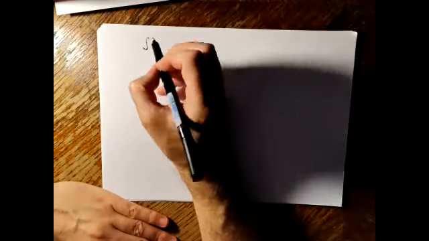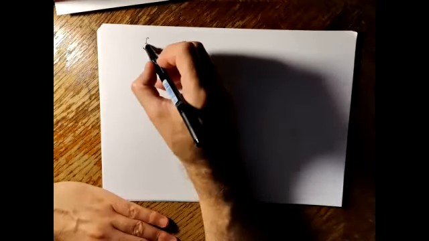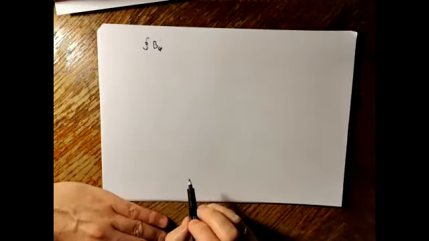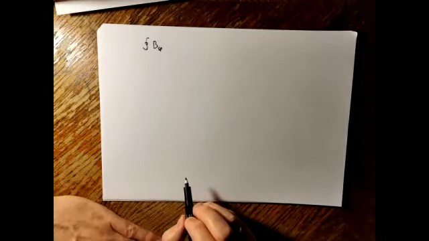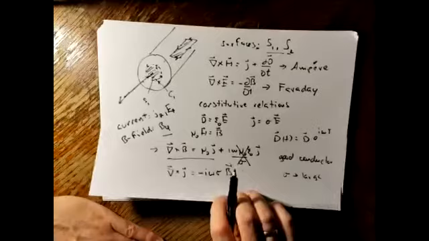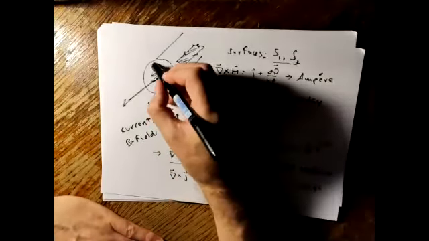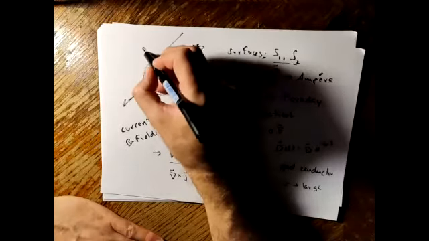Okay, the first integral Maxwell equation is, of course, the integral around the circle, and it's going to be B phi. We only need the phi component because we're going around this circle. Now this circle has to have some radius, which I'm going to call rho.